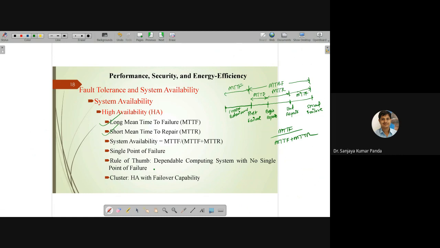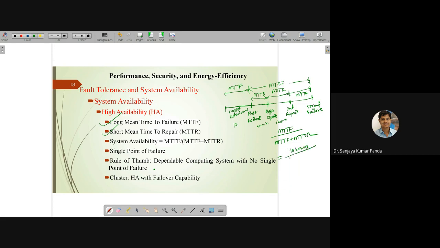For example, a system is running smoothly for 10 hours. After 10 hours, let's say there is a failure, and diagnosis time is, let's say, 30 minutes. Repairing time is, let's say, 1 hour. Calculate the system availability. So mean time to failure is 10 hours.